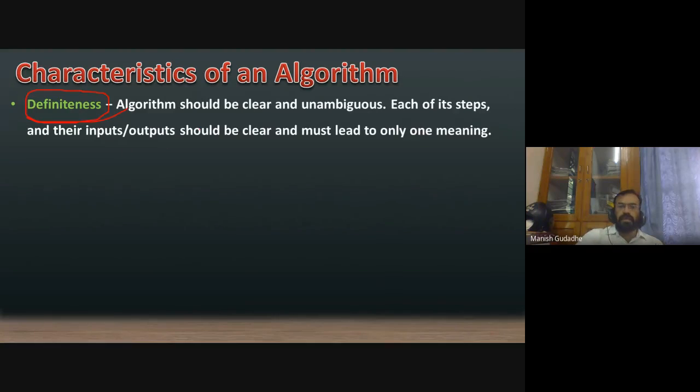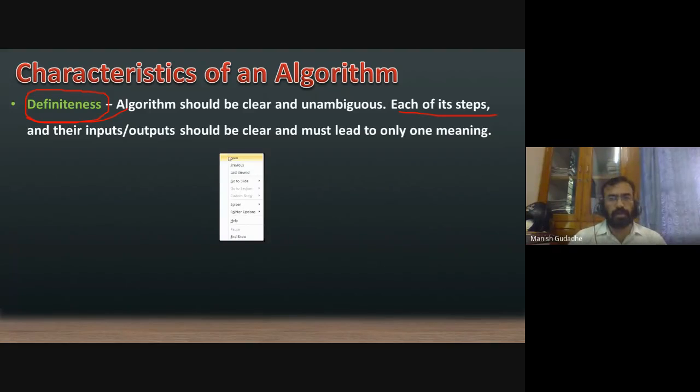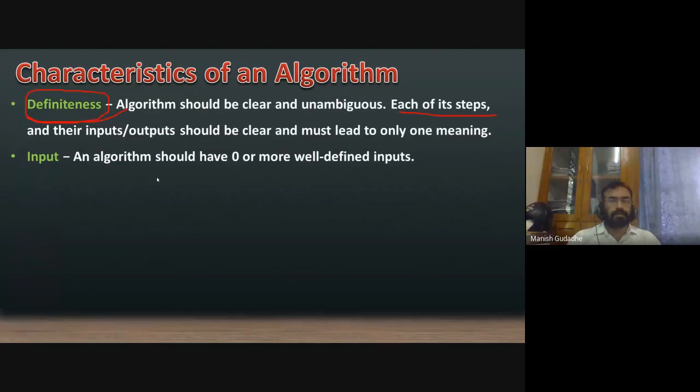Algorithm should be very clear and unambiguous. It should give a very clear-cut definition in every step. Each of its steps and their inputs and outputs should be very clear and must lead to only one meaning. That is called definiteness. When we go further, you'll understand it better.